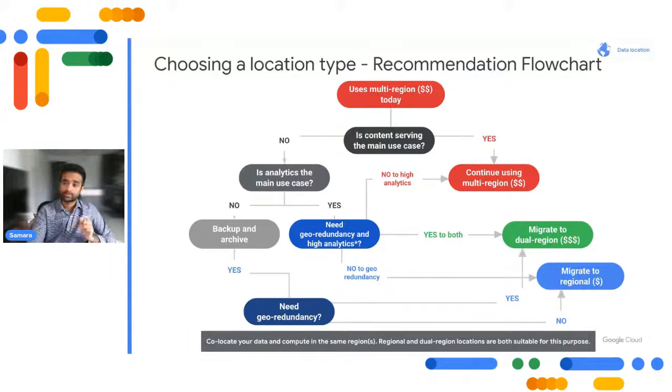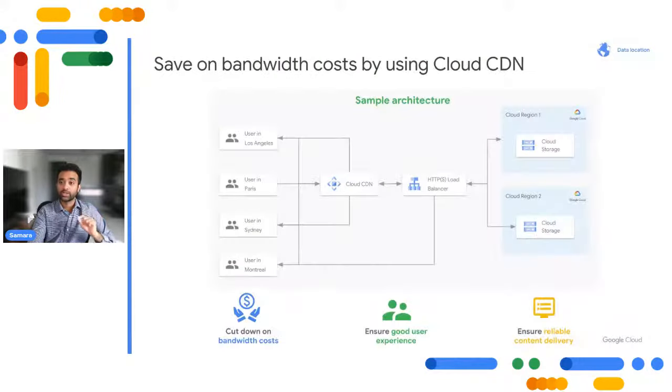So we saw the first factor, which is choosing a location type, right? And moving on to the next one, which is CDN. Say you have content serving use cases, where you are serving your users across the globe, right?